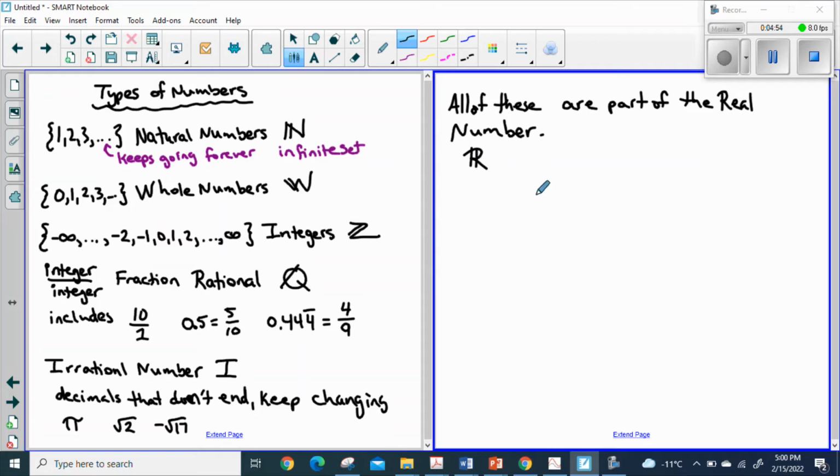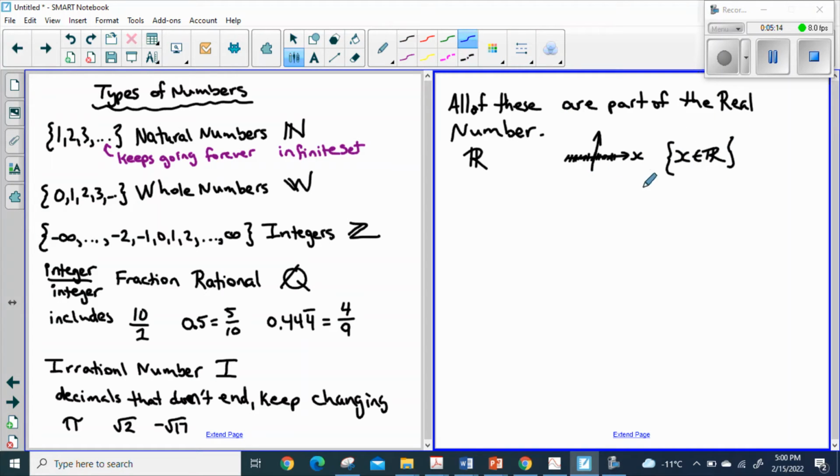So a real number uses that symbol. Think of the numbers on an XY axis, all these numbers, every single number you could possibly think of, they're all real numbers. We often write a set like this.